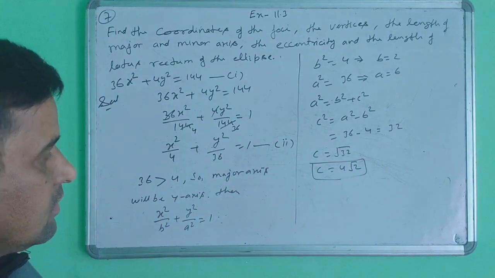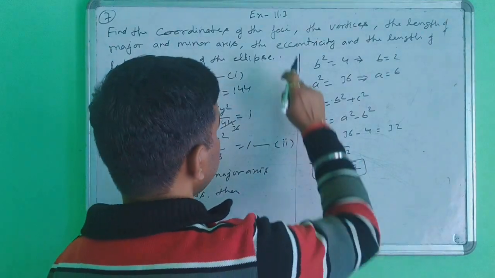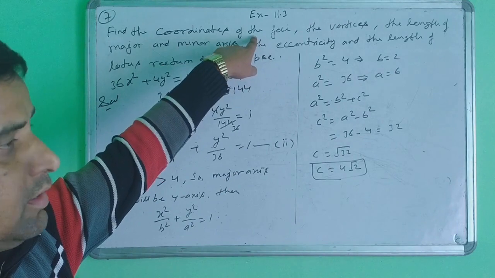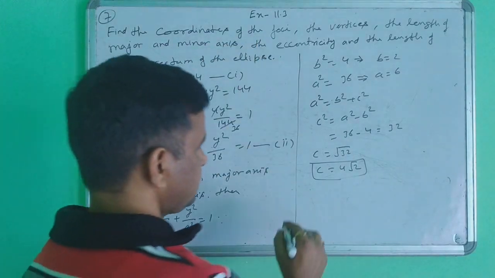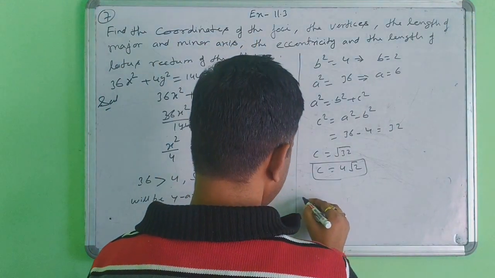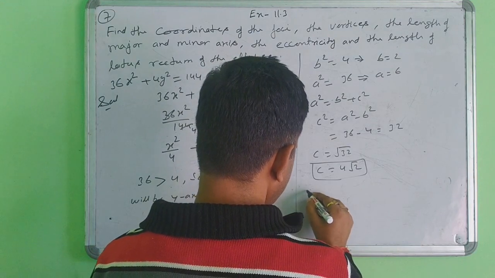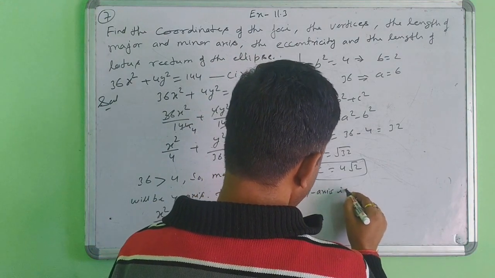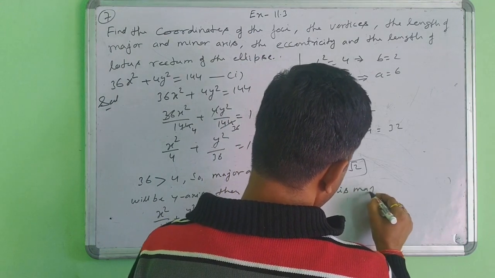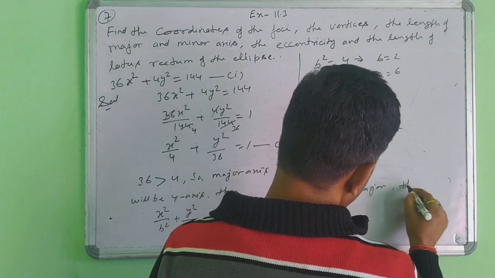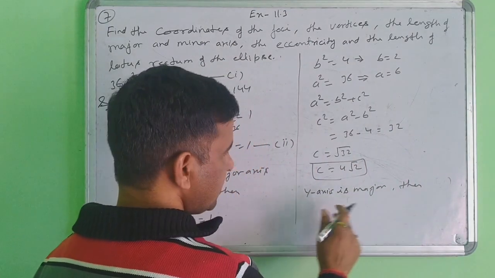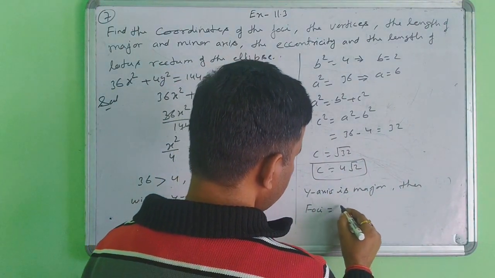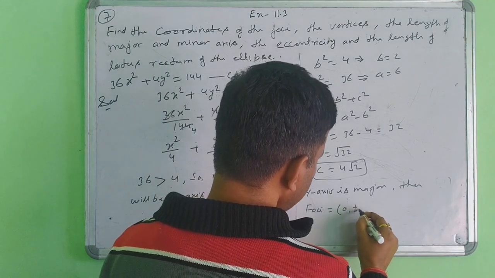After that, first we find the foci of the ellipse. When the y axis is the major axis, then the foci equal 0, plus minus c.